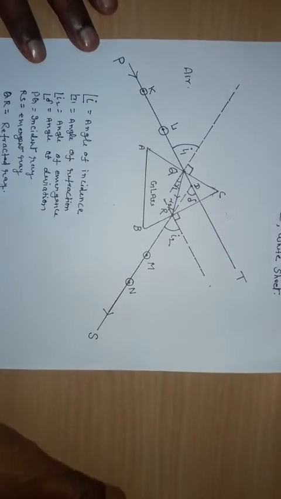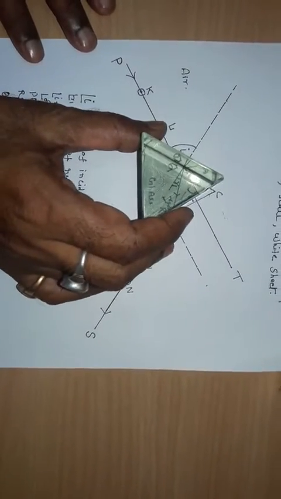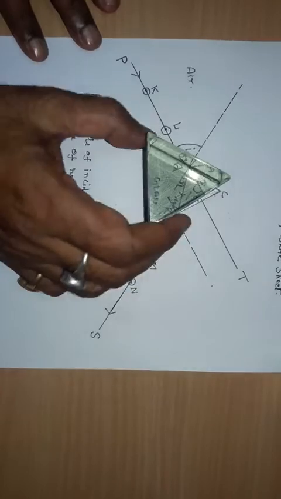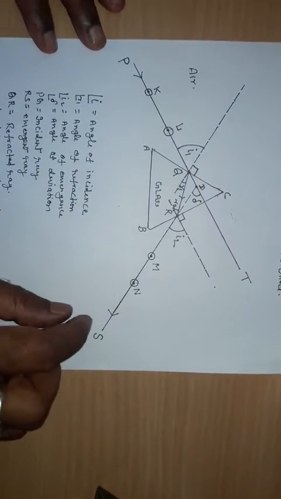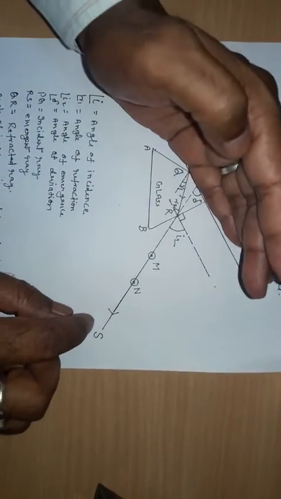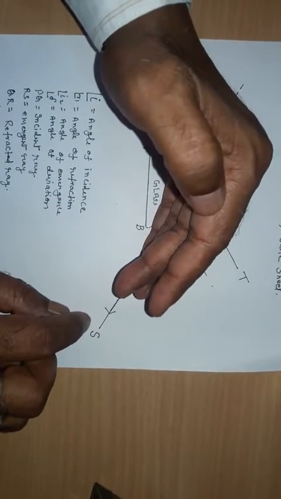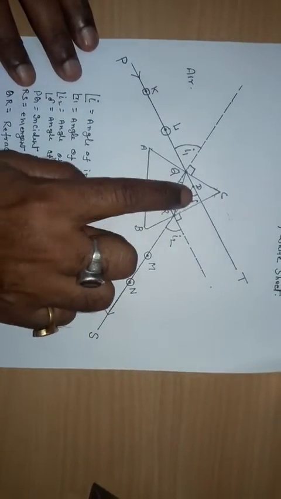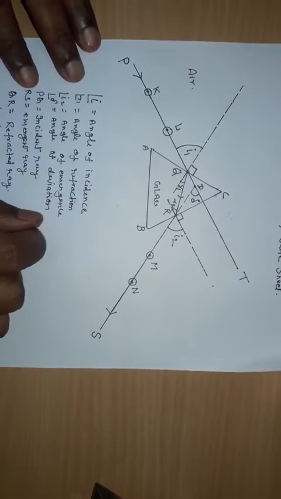But we have put the glass prism in the path of this ray, light suffered a deviation like this. So this is known as angle of deviation.